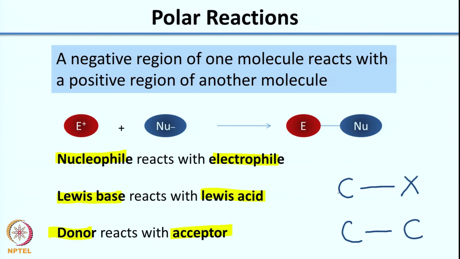Now if you have two atoms C and X where X has a greater tendency to pull electrons to itself, X will end up having a small electron density over itself and carbon will have less electron density. So even with a neutral molecule, what you end up generating is a small positive charge and a small negative charge, alright, which is very essential for polar reactions.